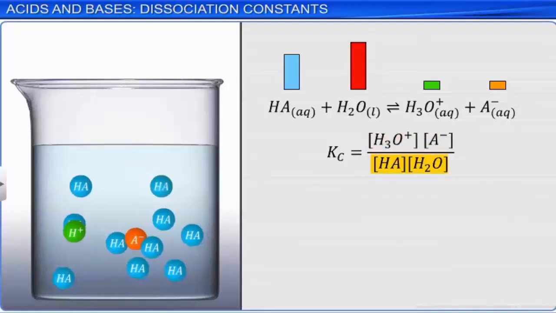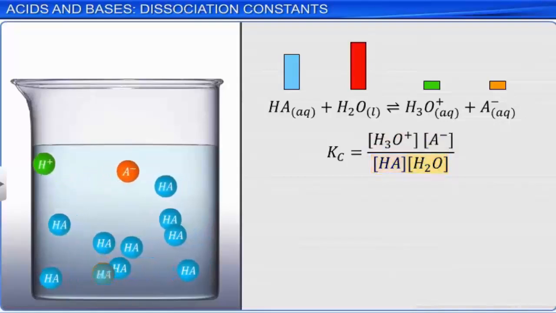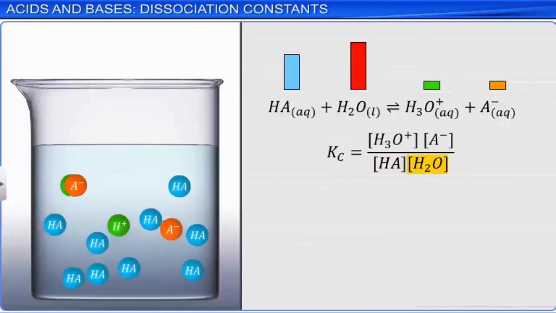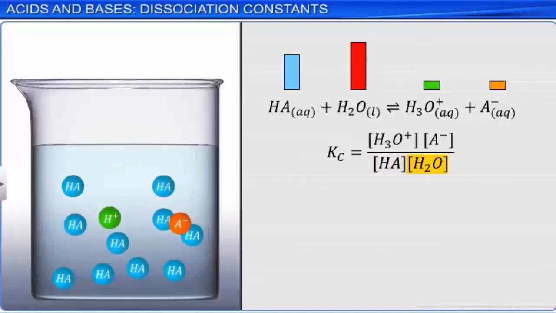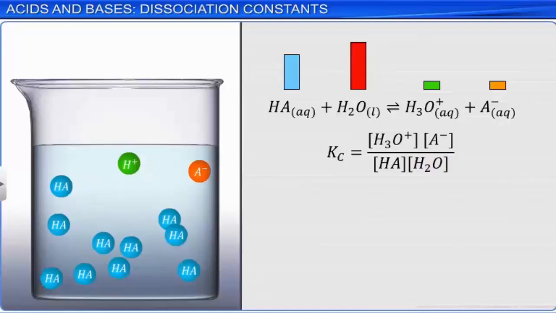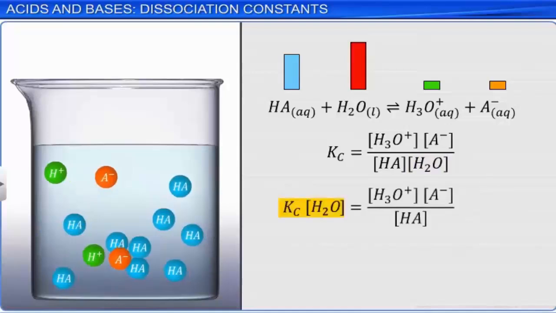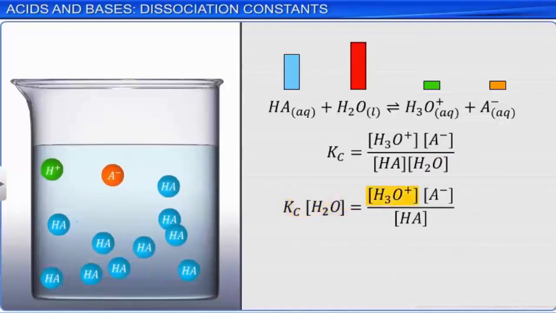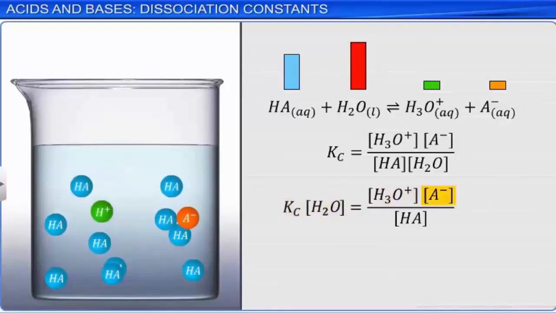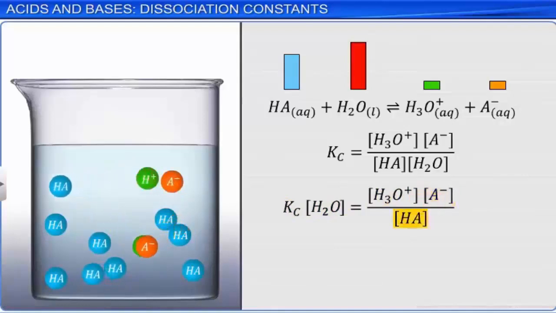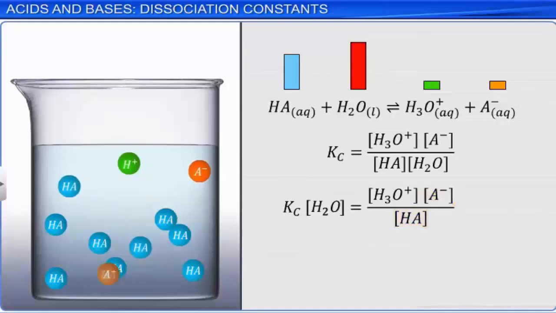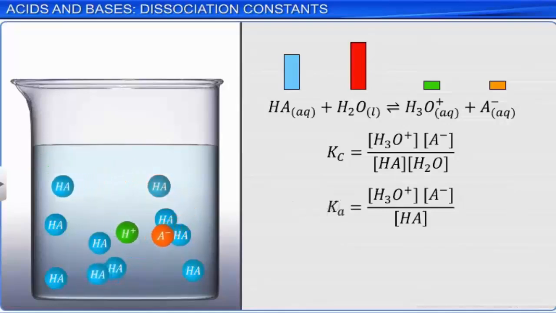As the concentration of water does not change, it can be taken as constant. Hence, it may be written as Kc into H2O is equal to the product of concentration of H3O plus and A minus ions, divided by the concentration of HA. Since Kc and concentration of water both are constants, their product is also constant, and it can be taken as Ka, that is, Ka is the dissociation constant of the weak acid.